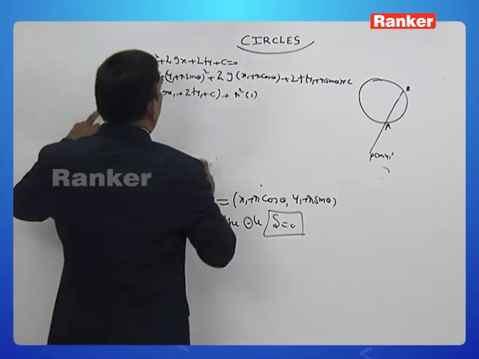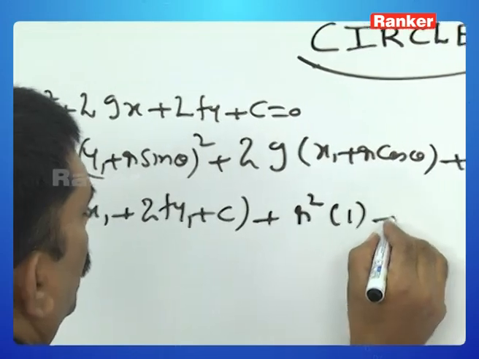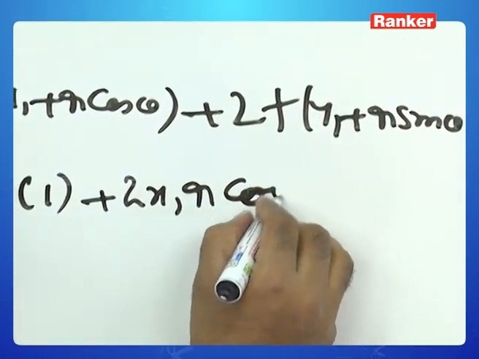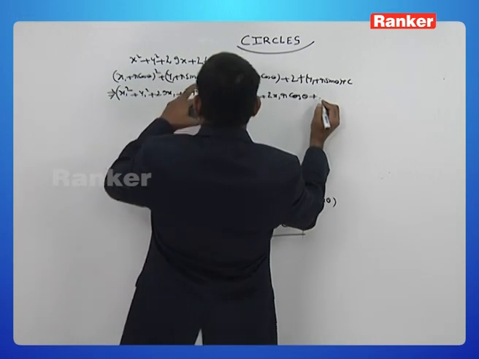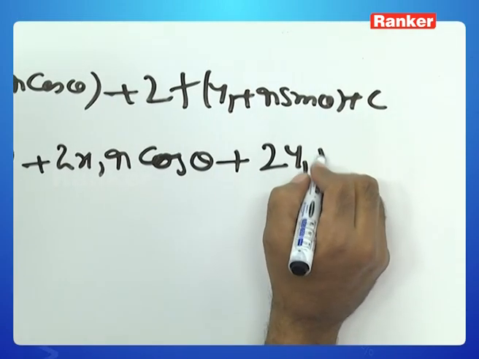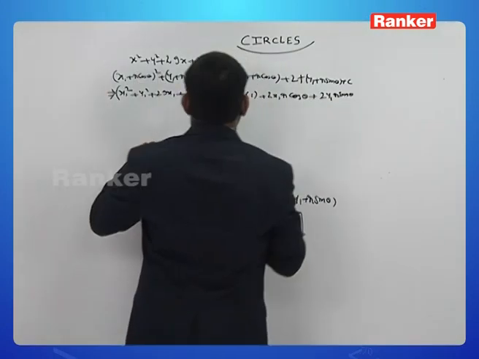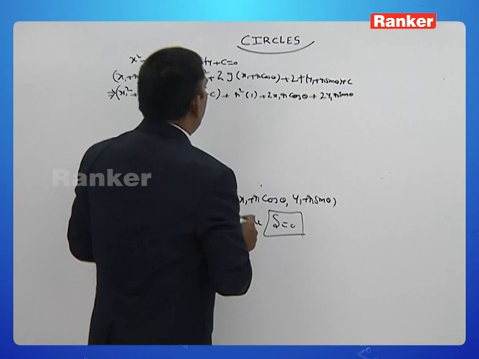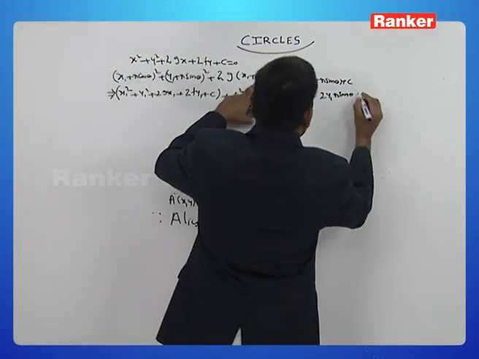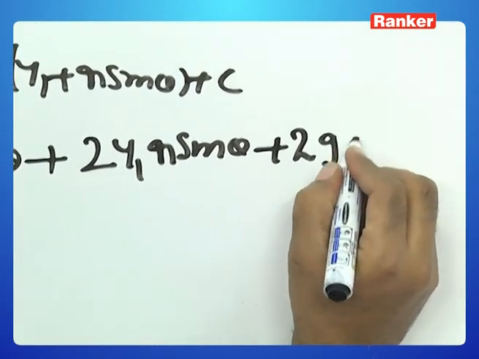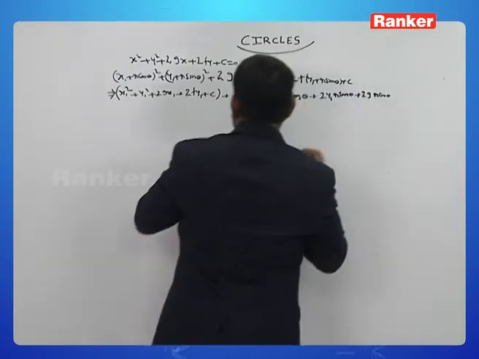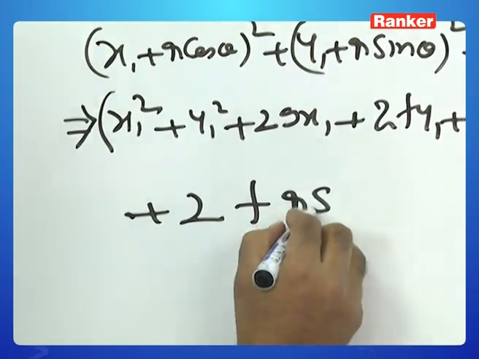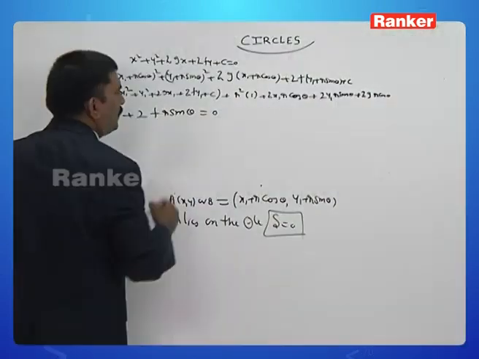Next, now look here, you are having here now 2x1 into r cos theta plus 2y1 into r sin theta. Here r square sin square, r square cos square I have taken common 1. Next, now here 2g into r cos theta. Next, 2f into r sin theta is equal to 0, right?